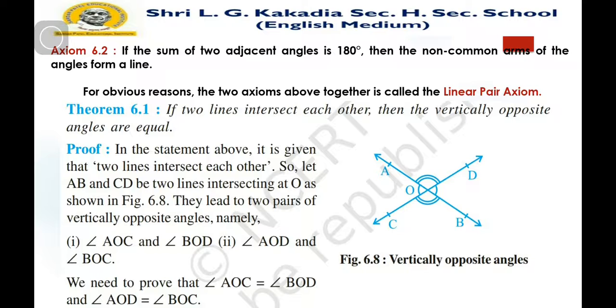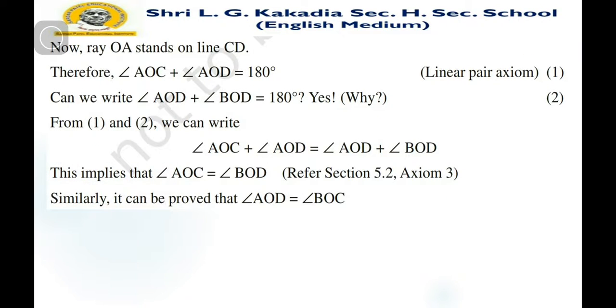Now ray OA stands on line CD, as you can see in the figure. Therefore angle AOC plus angle AOD equals 180 degrees, as we know from the linear pair axiom. We also can write angle AOD plus angle BOD equals 180 degrees. Equation 1 and equation 2 are both equal to 180 degrees, so we can compare them.